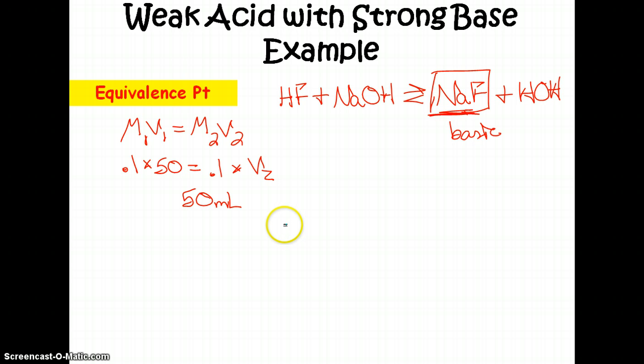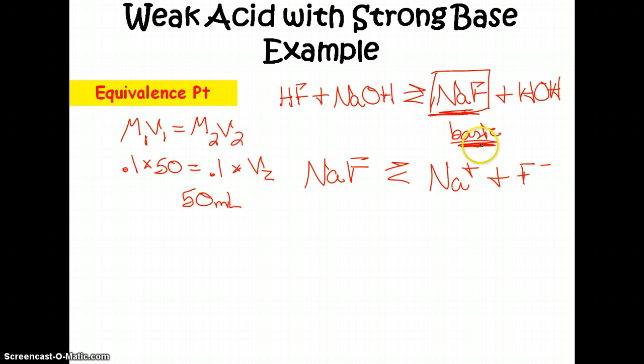Okay, so when we're looking at this, we already know that it's going to be basic, so now we can write the dissociation equation for the salt. So you have NaF, and that's going to break into the Na pluses and the F minuses. Okay, now the one that we are concerned with is going to be the basic form. The basic form is the one which produces hydroxide ions or accepts hydrogen ions.